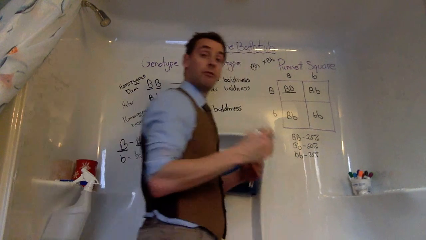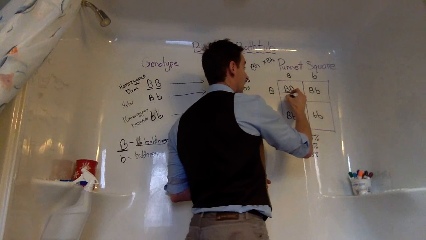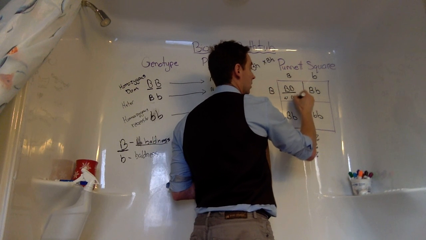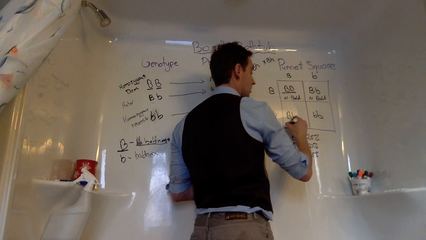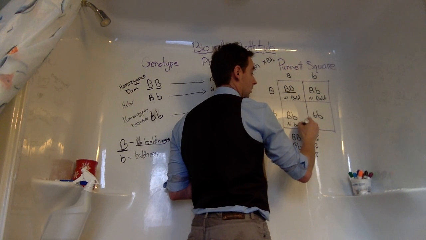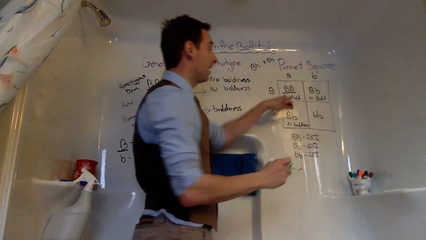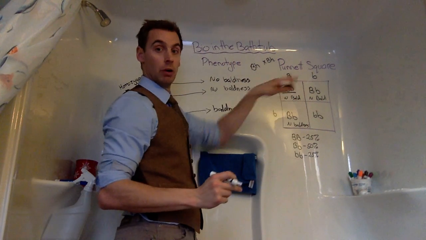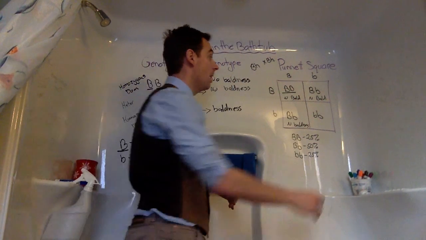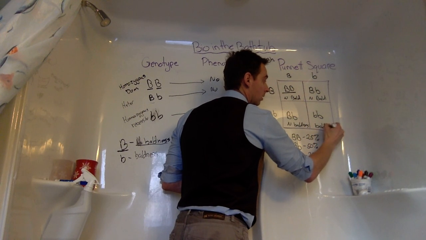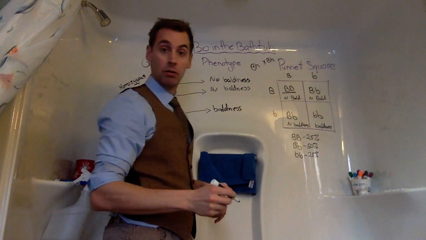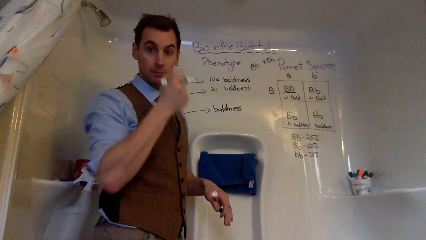And if I wanted to do the phenotypes, I would find out that I would have no baldness, because I still have that dominant gene keeping the baldness away. But once we hit here, there is that potential for baldness to appear, right?